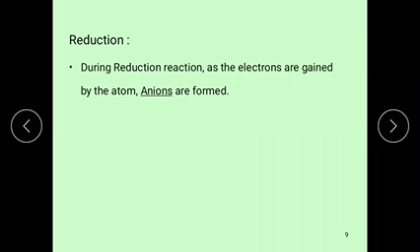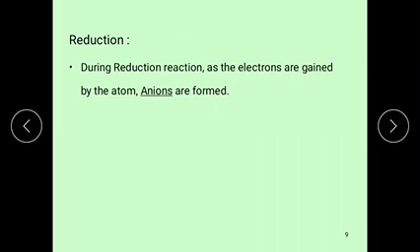And next one is the process of decreasing the oxidation number of an element in a chemical reaction is called as reduction reaction.